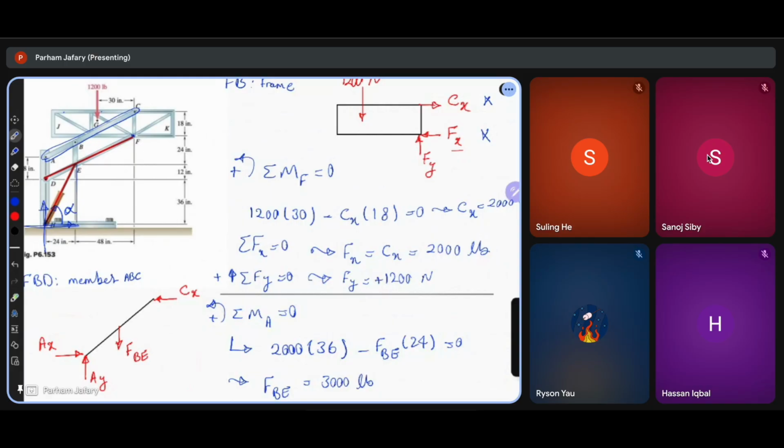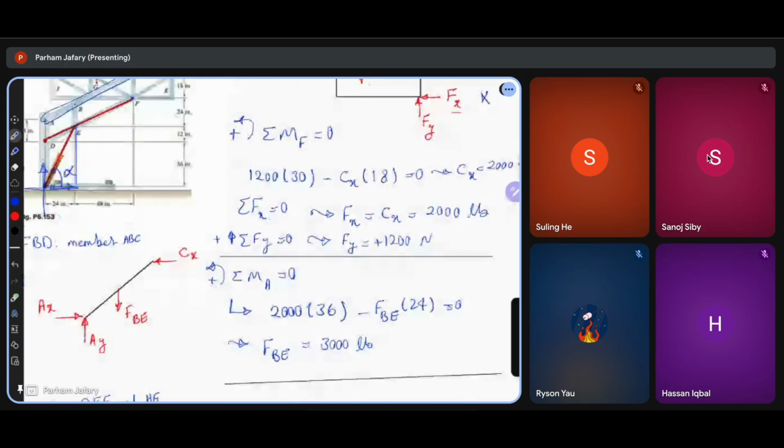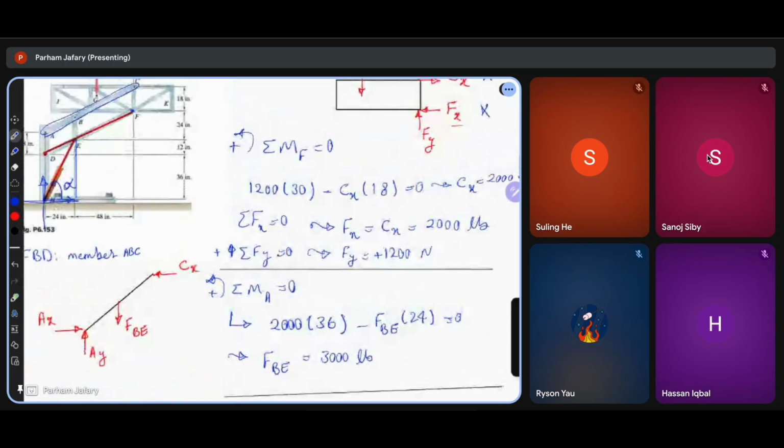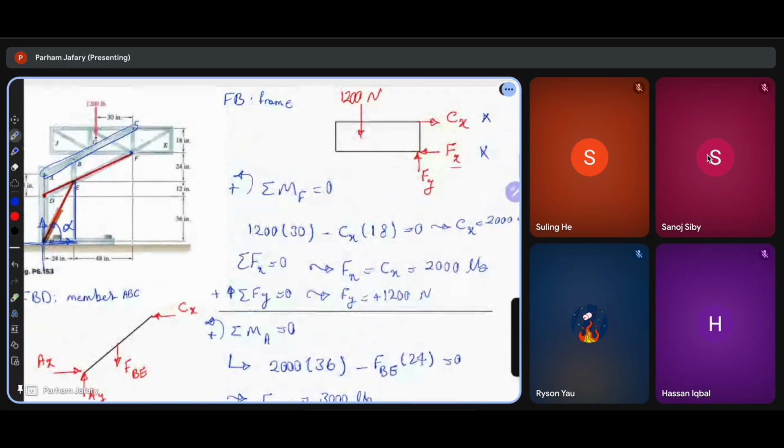Two force member? No. So basically we have a hydraulic cylinder here, okay?